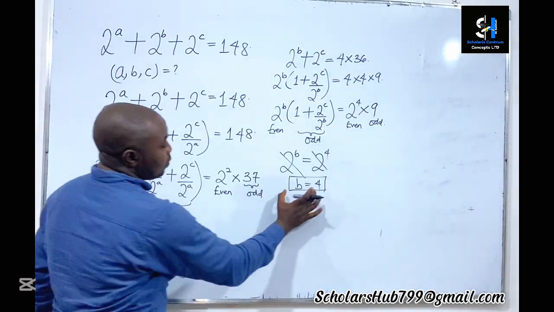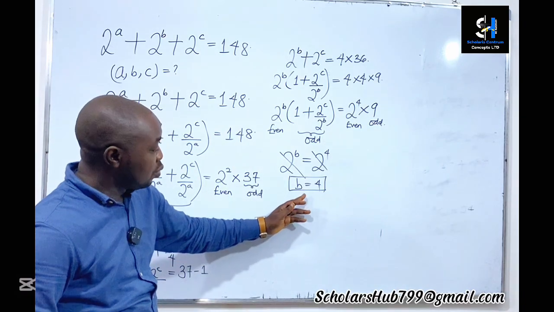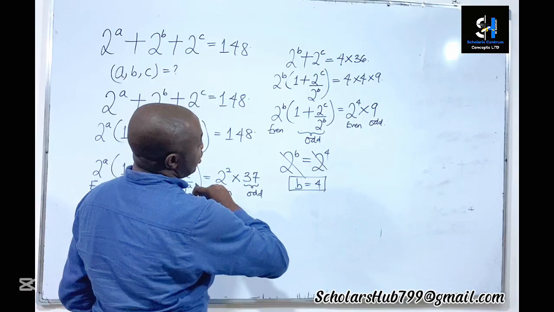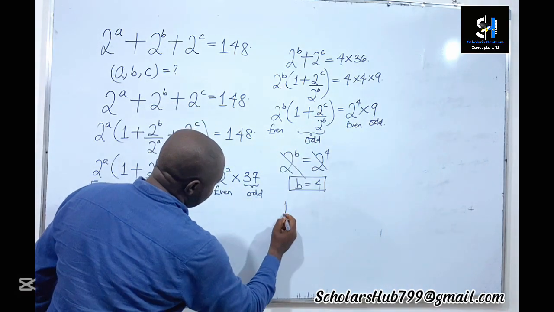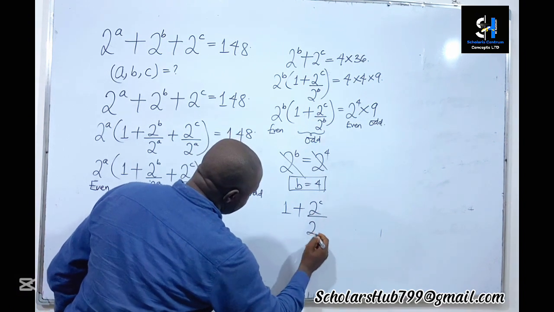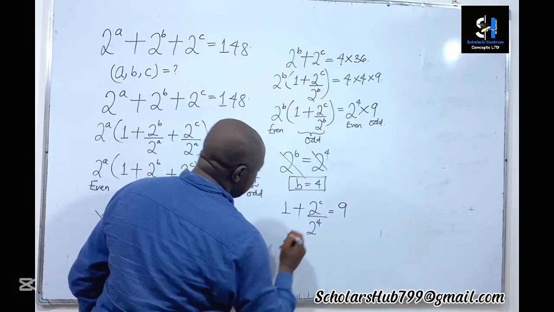All right. So now that we know what the value of b is, we're going to use it to solve for the value of c. So I'll bring down this expression, 1 plus 2 exponent c divided by 2 raised to the power of, the value of b is 4, and that is equal to 9.